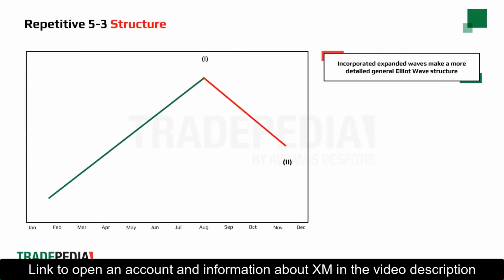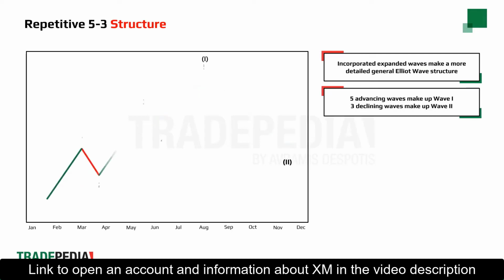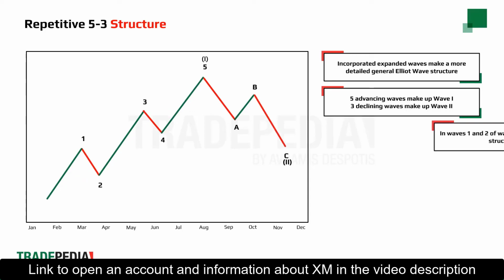If we incorporate our expanded motive and corrective waves together, we will see that they make a more detailed general Elliott structure. We can see 5 advancing waves in the motive wave that make up wave 1, and 3 declining waves in the corrective wave that make up wave 2.